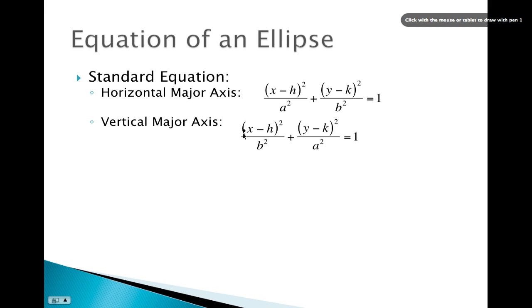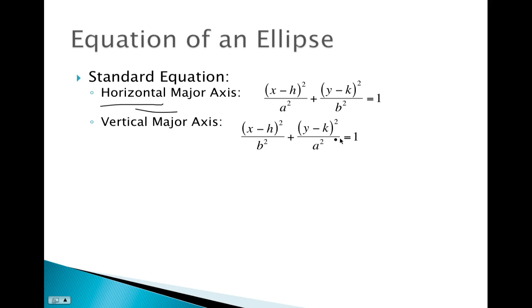So these are the two standard equations of an ellipse. You have (x minus h) squared over a squared plus (y minus k) squared over b squared equals 1. That's if your major axis is a horizontal line. Or we've got (x minus h) squared over b squared plus (y minus k) squared over a squared equals 1.